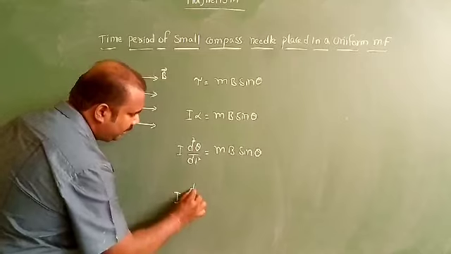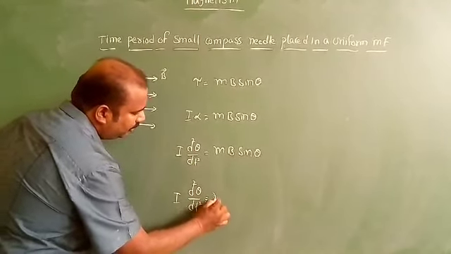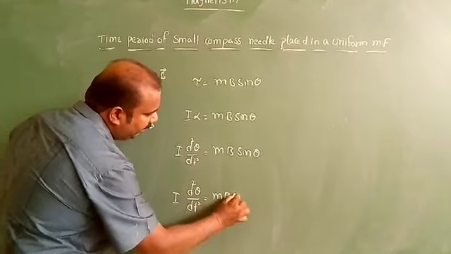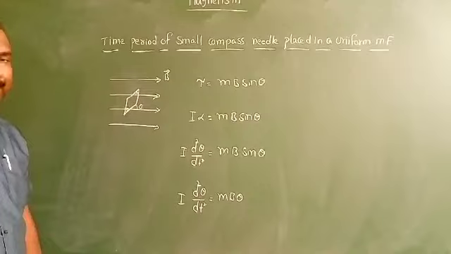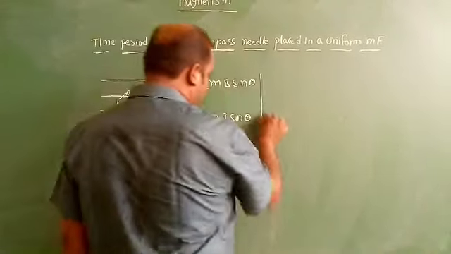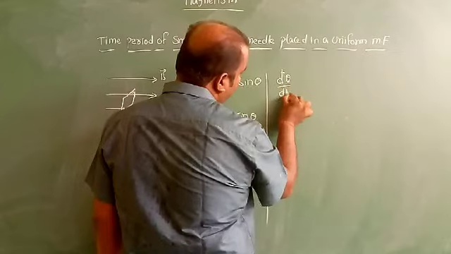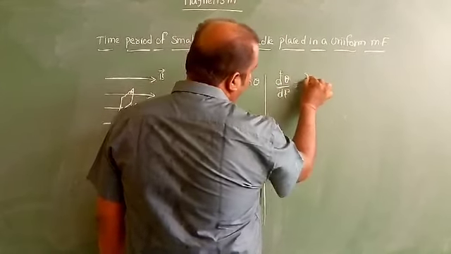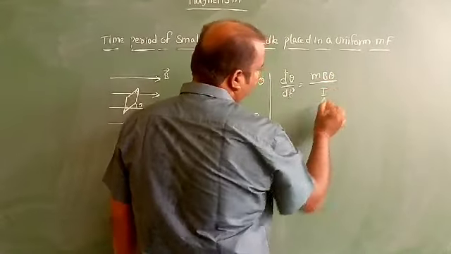Then I into d square theta by dt square is equal to minus mb theta. Now, d square theta by dt square is equal to minus mb theta by I.